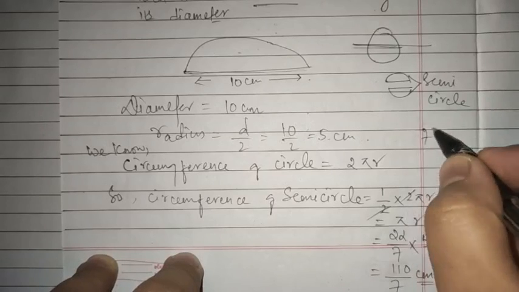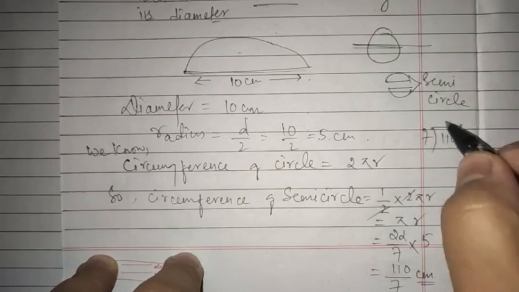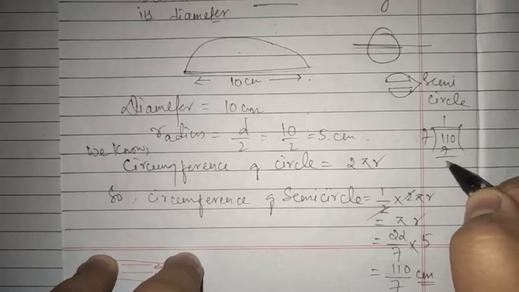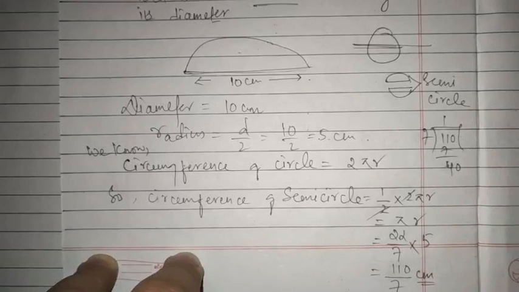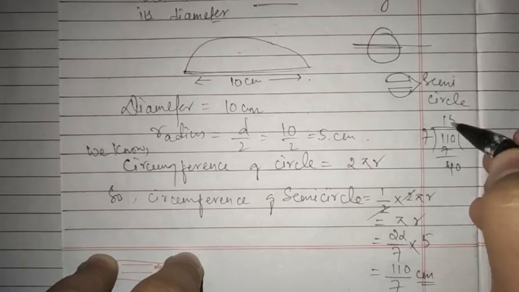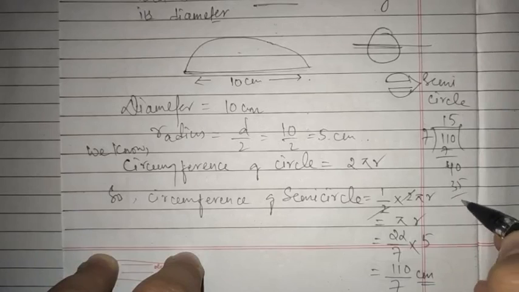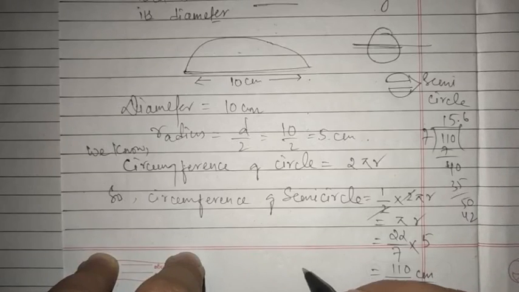You can write this as a fraction also. 7 1s are 7, 7 5s are 35, 7 6s are 42. You may write the answer as 15.6 centimeter.